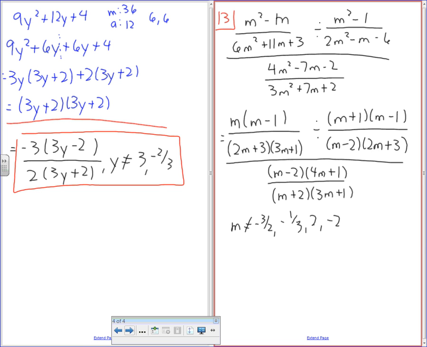Now, this is the thing that's getting me. How do we divide a fraction? It's a fraction divided by a fraction. Yeah, good.